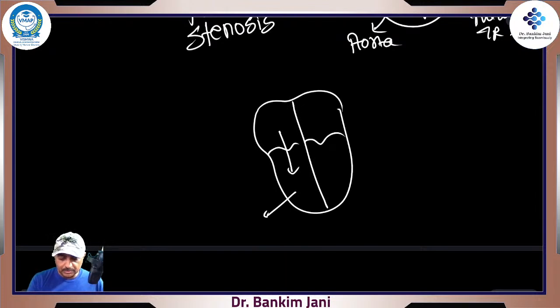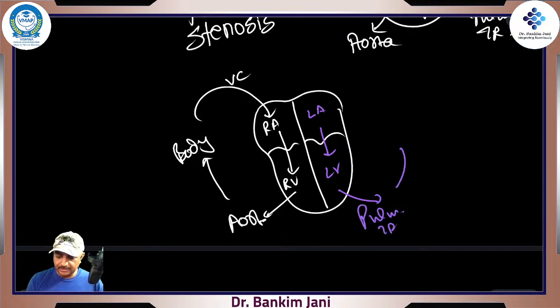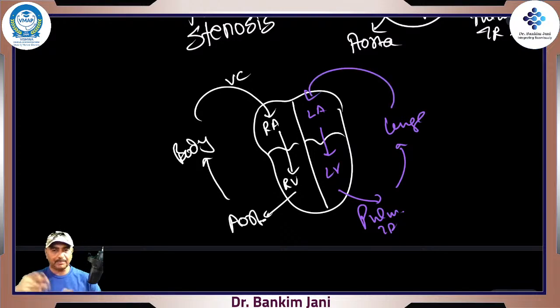From here it is going to the aorta, from aorta to the body, and then body to vena cava, and this is the right atrium, this is right ventricle, it keeps on going, right? Over here there is left atrium to left ventricle to pulmonary trunk, and then it is going to lungs and then going back. Both are parallel circulation.